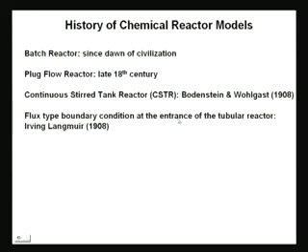Now 1908, it turns out, is a very eventful year for the history of chemical engineering or chemical reaction engineering, because you had the tubular reactor model, the plug flow reactor model rather, and in 1908 again it was Irving Langmuir who founded the flux type boundary condition, okay, what was later known as the Danckwerts boundary condition, but it's no longer known as such because there are difficult problems, issues there.